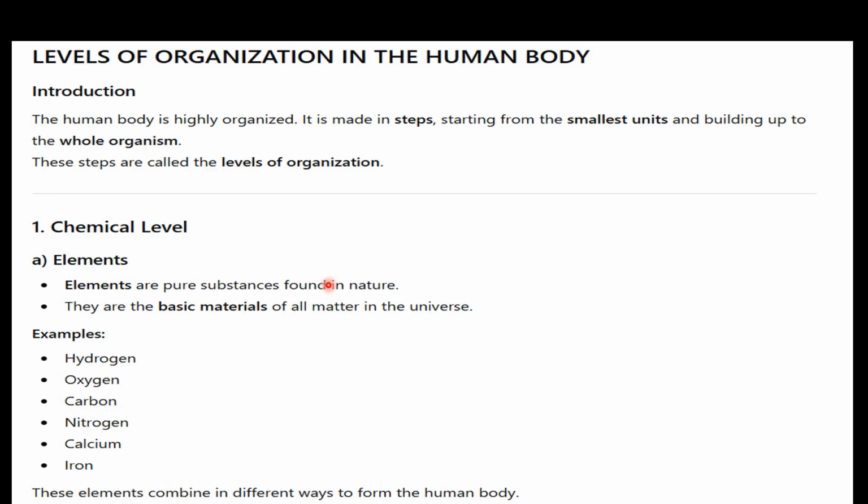All these steps are called the levels of organization.